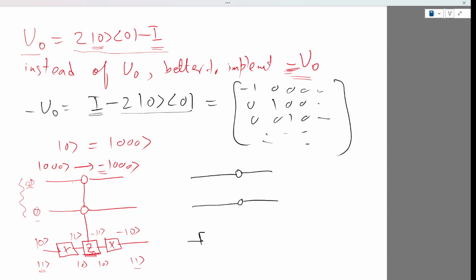So I have to have an X gate here, and the control Z would be Hadamard, X, Hadamard, and then X gates again. So this comes here. This gate is equivalent to this, and this will work as the minus U naught operator that we have to implement in Qiskit.